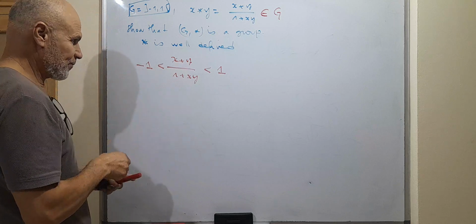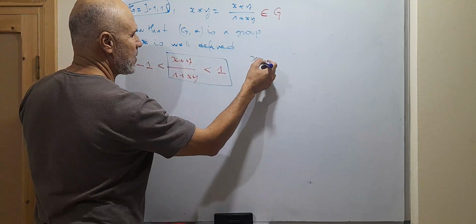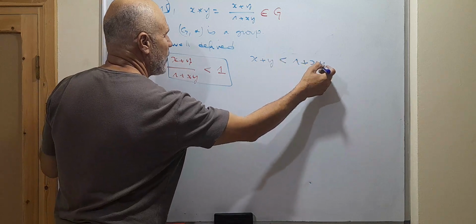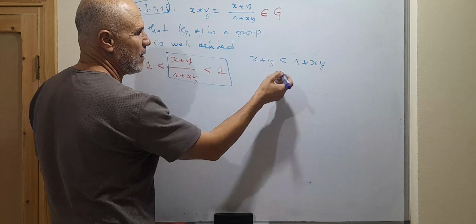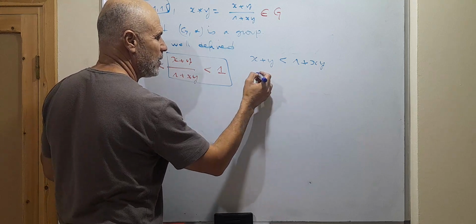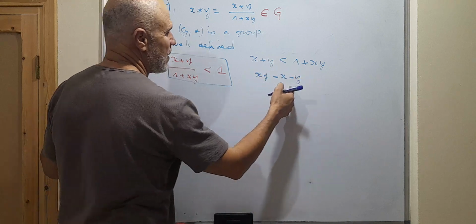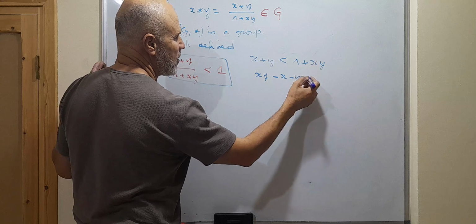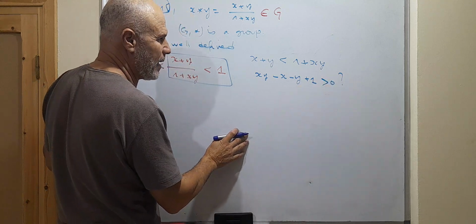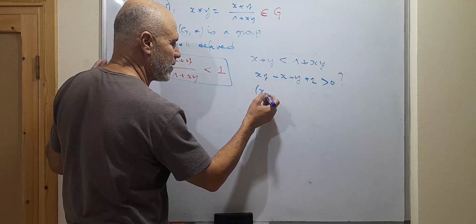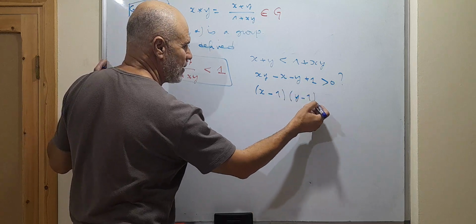Why? If we take this side, it is equivalent to x + y less than 1 + xy. This is equivalent to xy - x - y + 1 greater than 0, which is (x - 1)(y - 1) greater than 0.